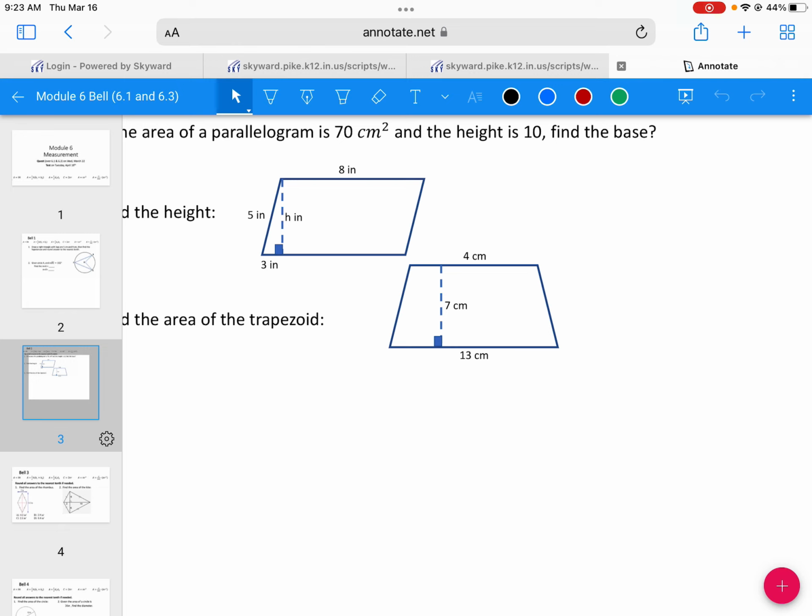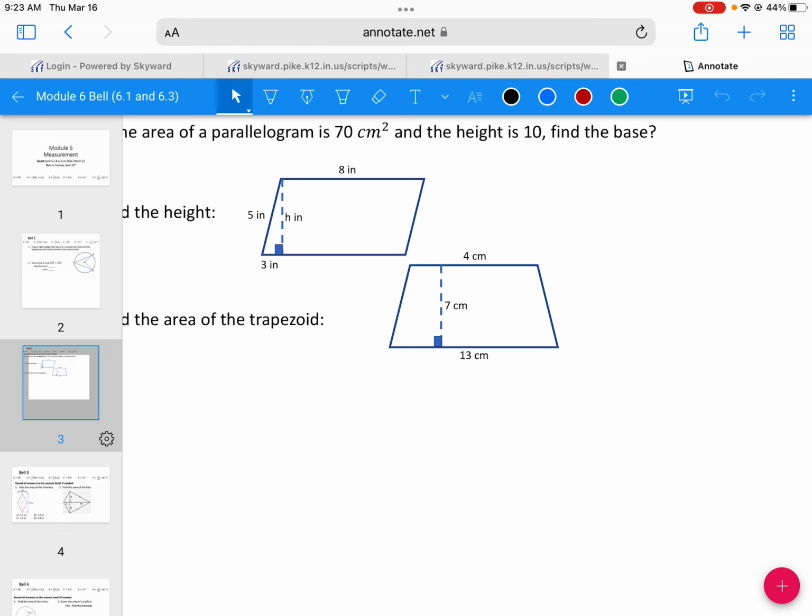And we are talking about, as I recall, finding a missing measure. I believe they give you the total area. I can't even remember what the figure is.